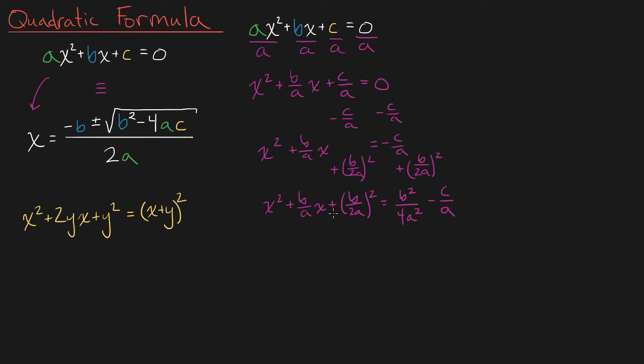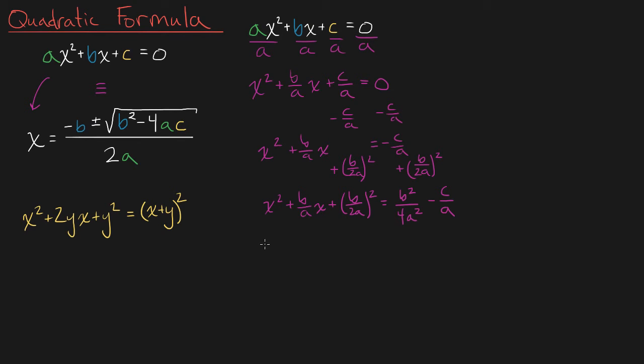Okay, so on the left-hand side, I have something that is equivalent to what I have in yellow on the left-hand side here, and so I can replace what we have here in purple with what I have on the right-hand side of this equation in yellow. And instead of my two terms being x and y, my two terms are x and b over 2a. So let me write that out.